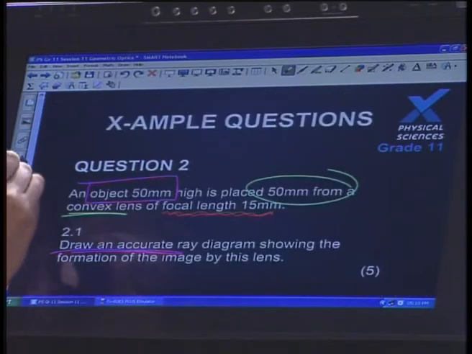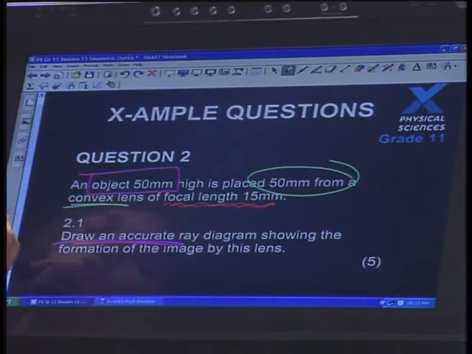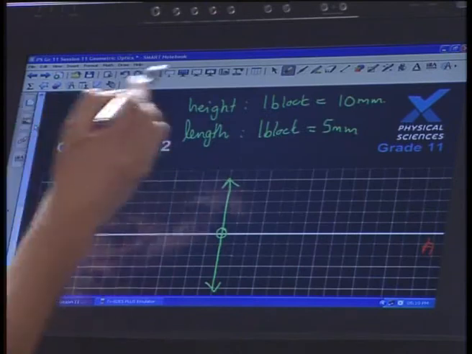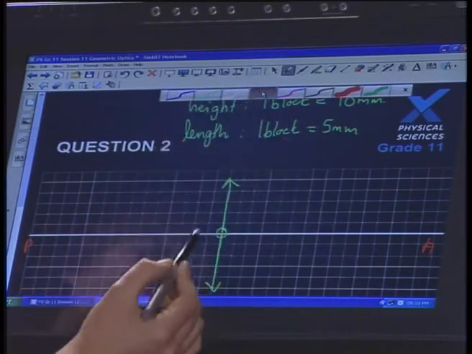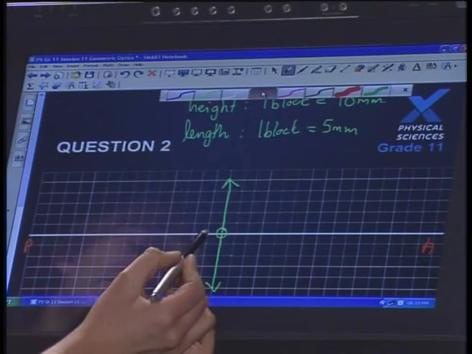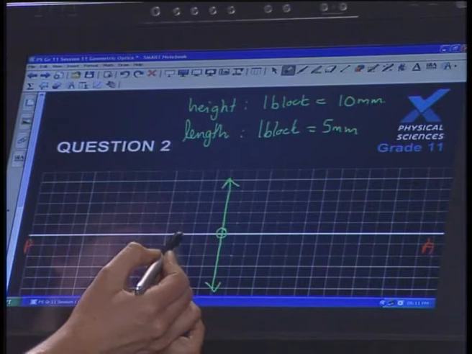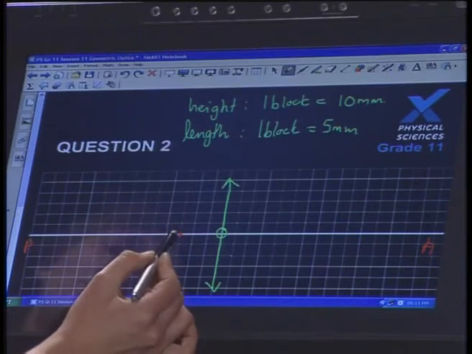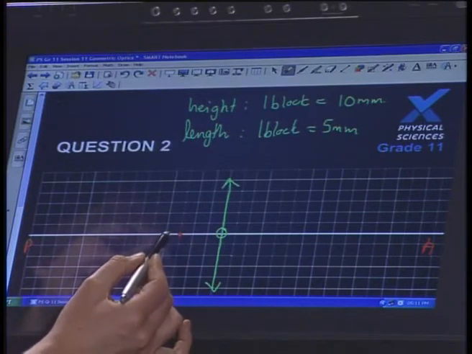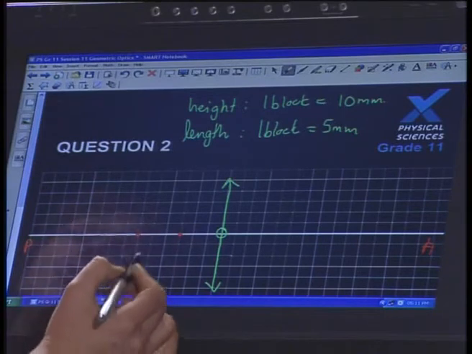Let's go back and see what our focal length is. They tell us that the focal length is 15 millimeters. I'm going to indicate that in orange. Remember that one block is 5 millimeters, so 1, 2, 3, that is going to be my first, or primary, focal length, and then I count 1, 2, 3 again. That is then going to be my secondary focal length.